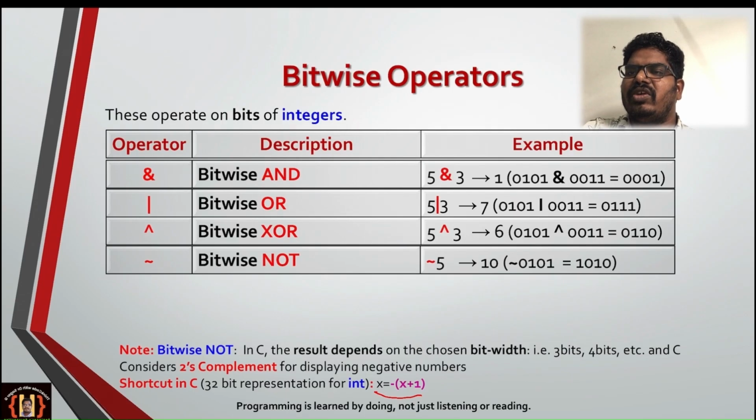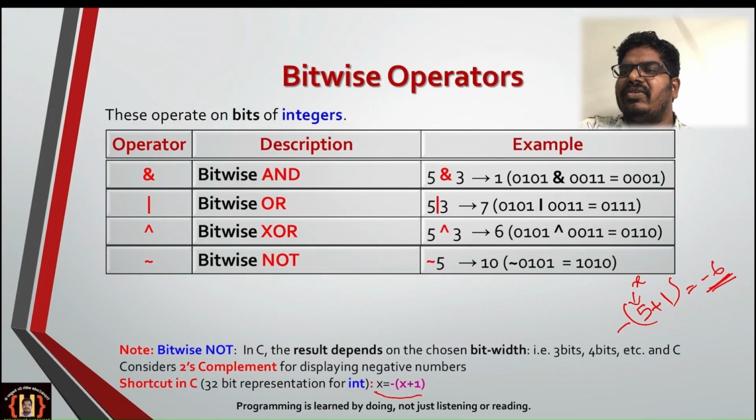So if I want to find out in C the 2's complement of this 5, it is 5 plus 1 and minus. So this is your x here, 5 plus 1 with a minus is minus 6.